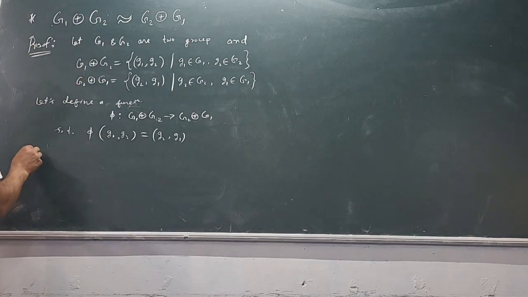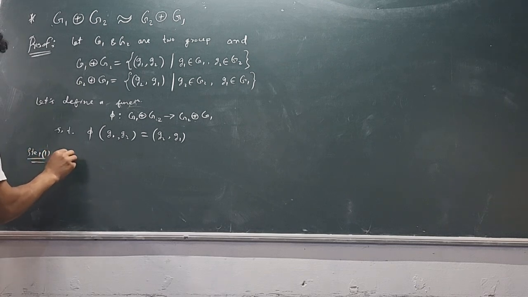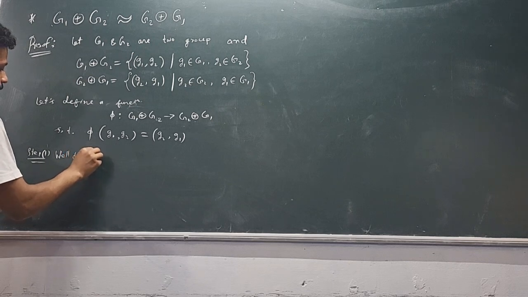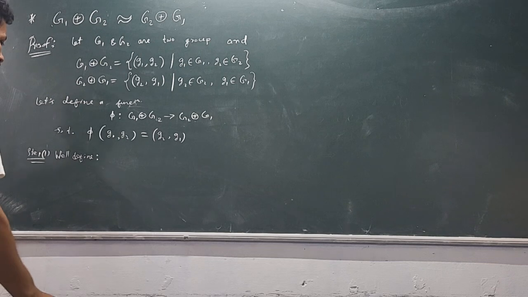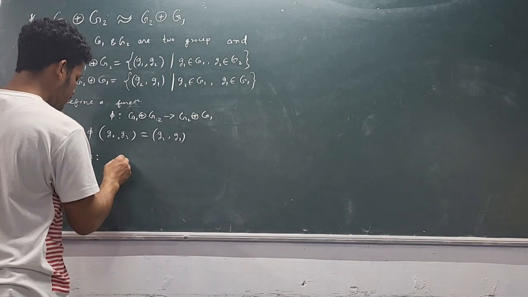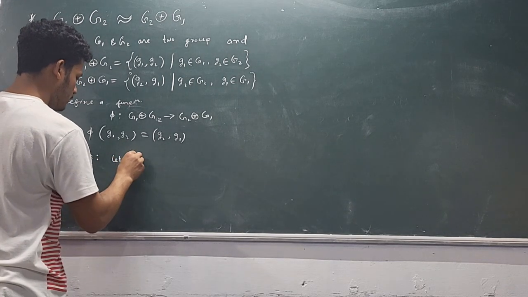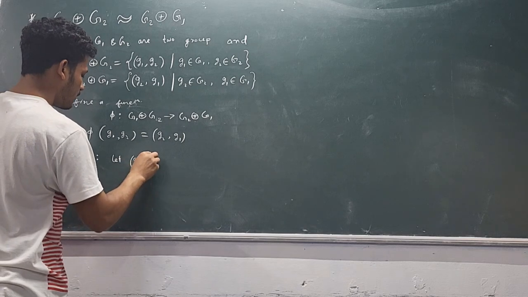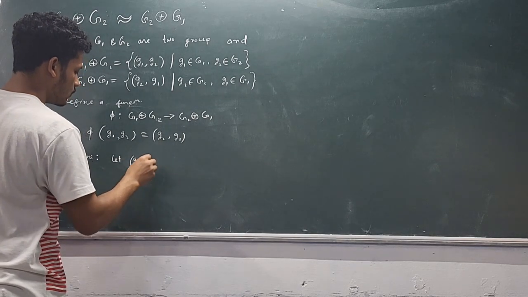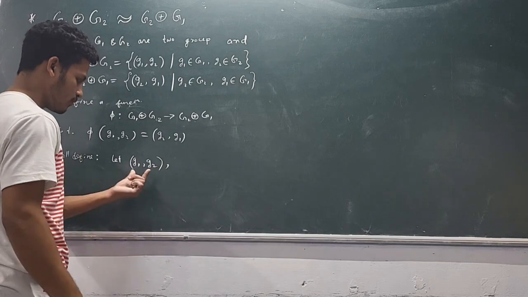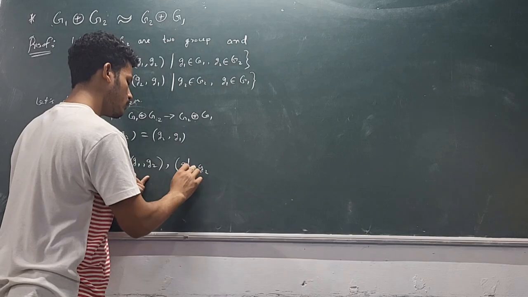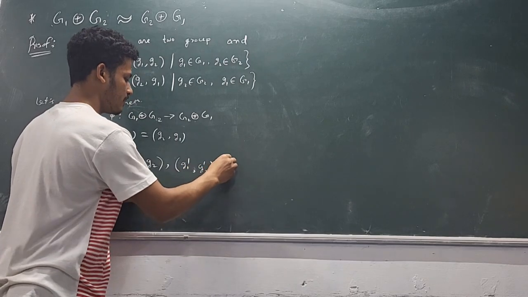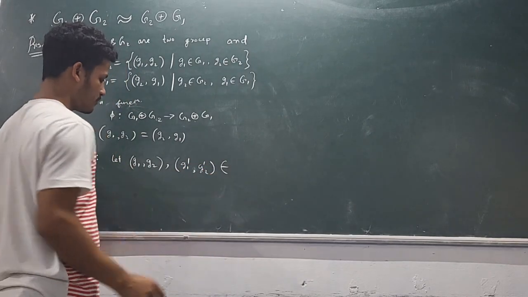Step 1. You have to show it is well defined. Take any two elements in the domain. Let (g1, g2) be one element, and another element is (g1', g2').